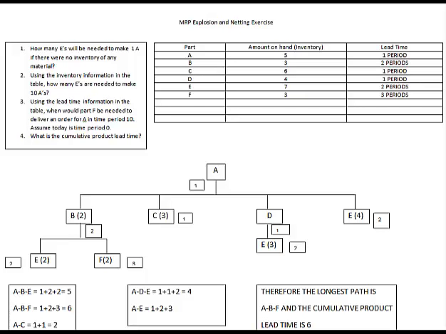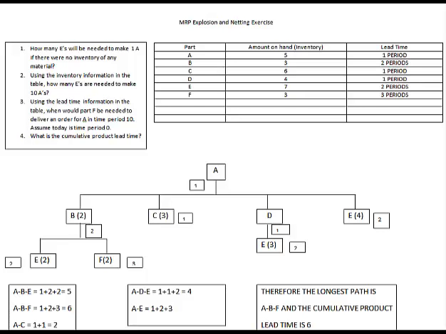And another way of defining cumulative product lead time would be, if I had no inventory of any item, how long would it take to produce the first item? How long would it take to produce the first A, in other words, if I had no inventory of A's or B's or C's or anything?